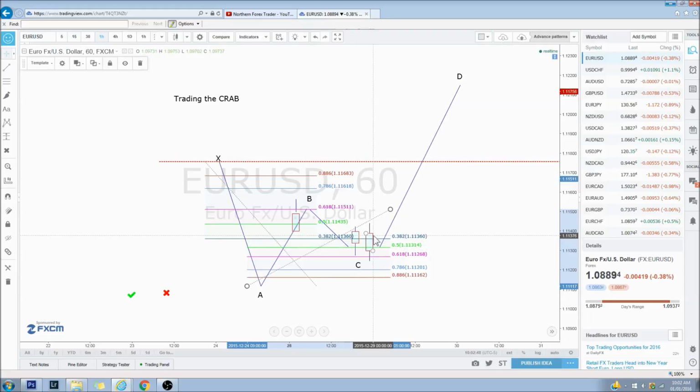Here we have a candle that needs to close past the 50%. If you've seen my video on the butterfly pattern, the butterfly had to close just past the 382, but not past the 50. Where the crab, it must pass the 50, but not past the 618.